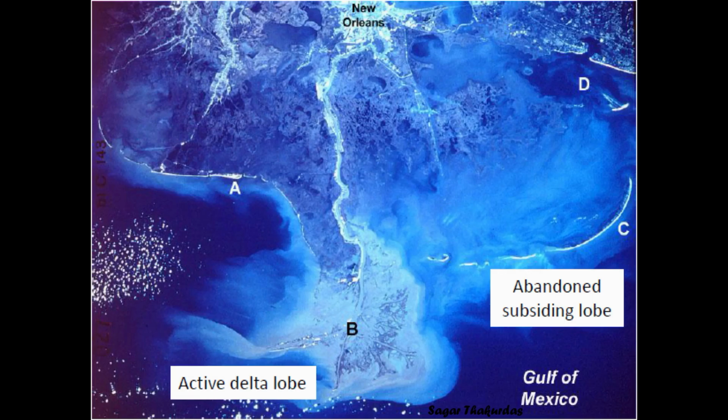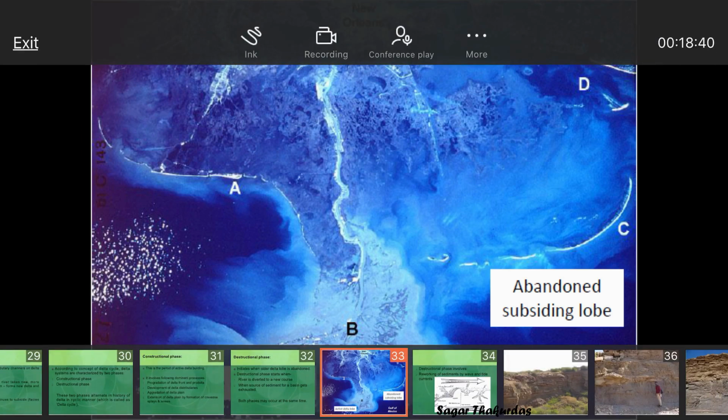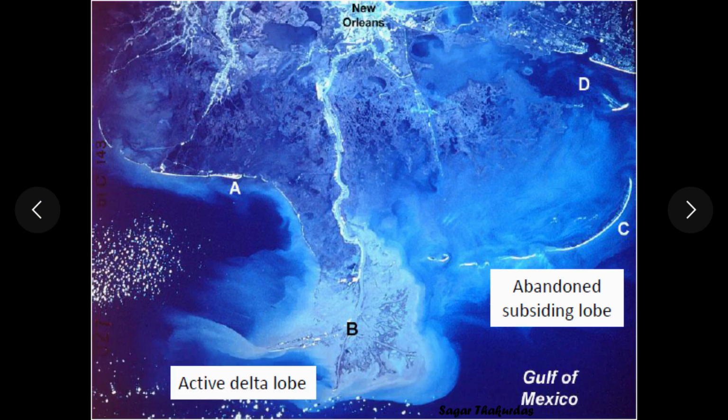Now see, this is the example of the Mississippi Delta, where you can see this delta lobe marked as B, which we have already seen, the Atchafalaya delta lobe, and these delta lobes here have been abandoned.